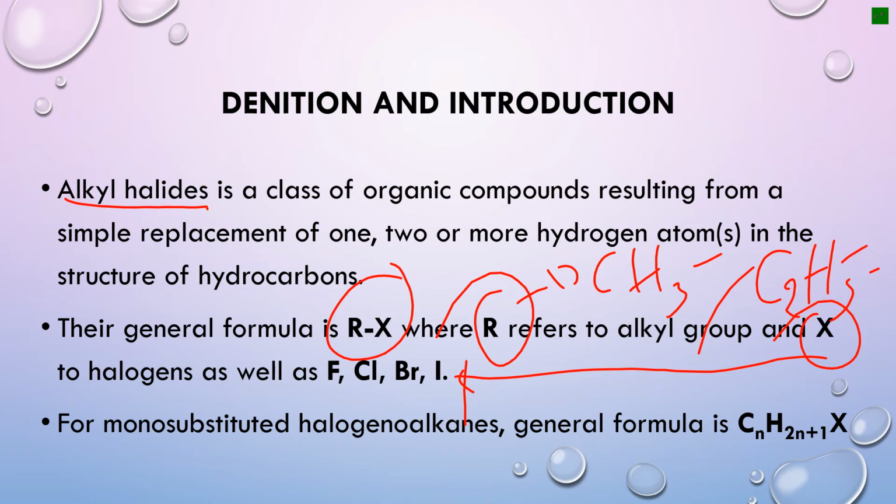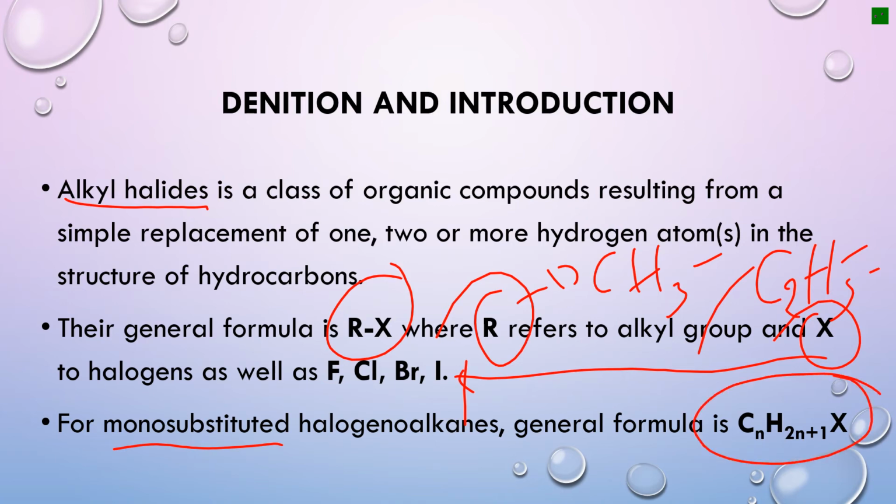For monosubstituted halogenoalkanes, you can ask yourself what is monosubstituted and what if it is not monosubstituted. Monosubstituted means that only one hydrogen atom has been replaced by only one halogen atom, which means that if more than one hydrogen atom is replaced by more than one halogen, this will not be monosubstituted, it will be polysubstituted.